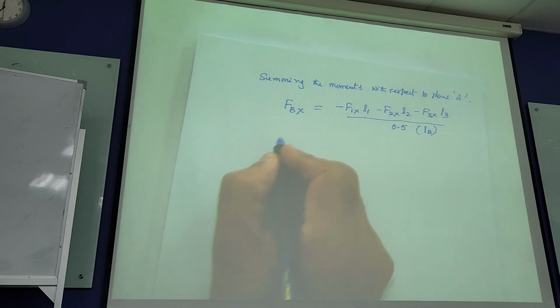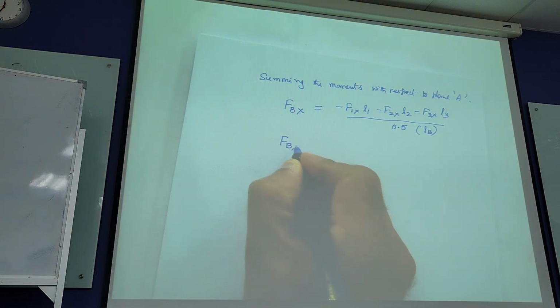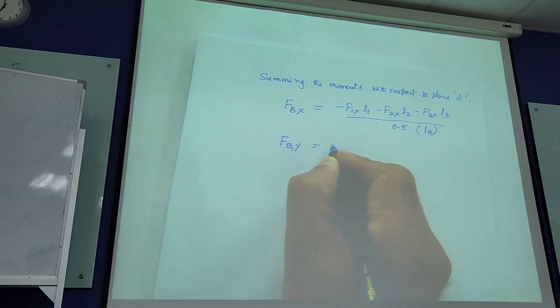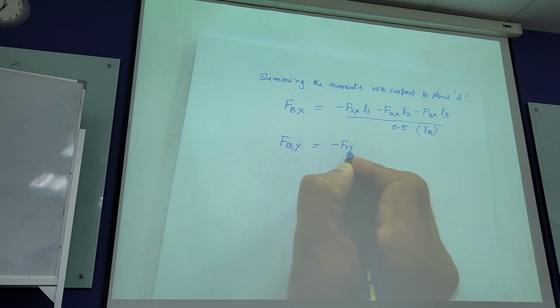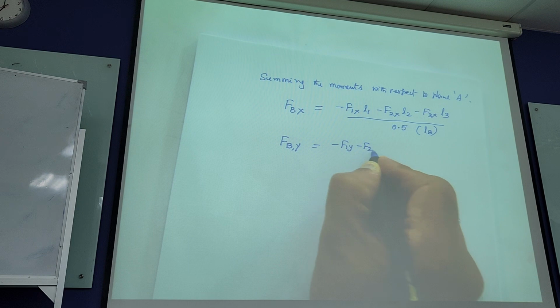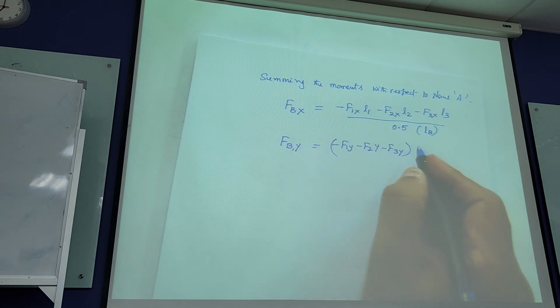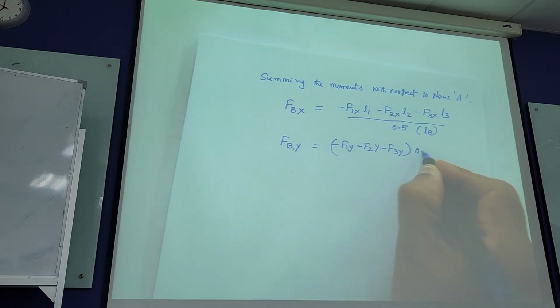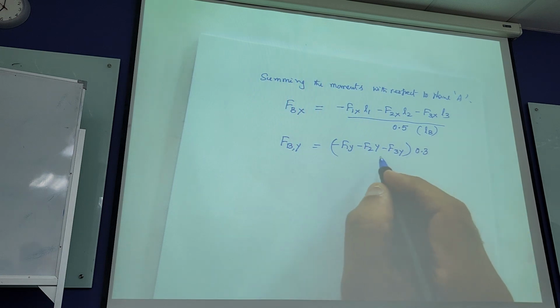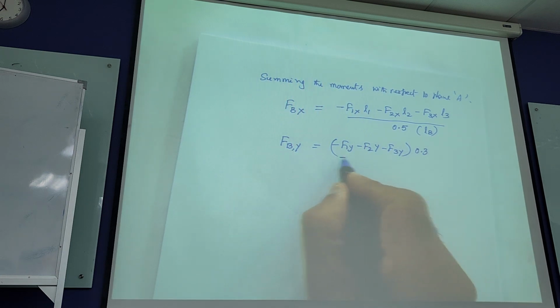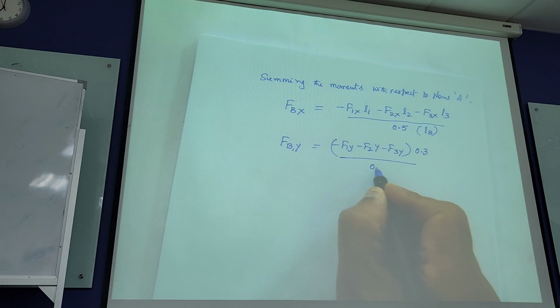So similarly, we can write the balancing force at B, the y component. So you can write negative F1y, negative F2y, negative F3y into the distance, which is 0.3 meters, over 0.5.